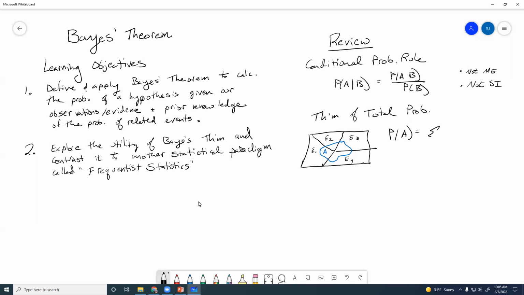So just the sum of A given EI times the probability of EI. We're going to use these two things together to derive Bayes' theorem.